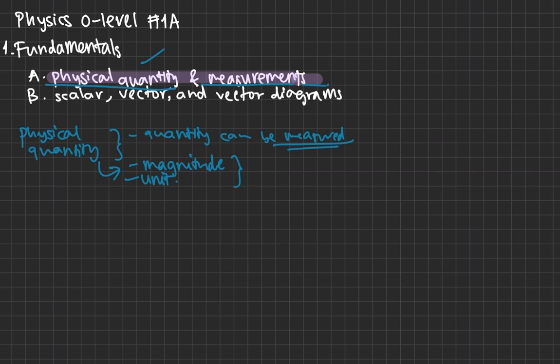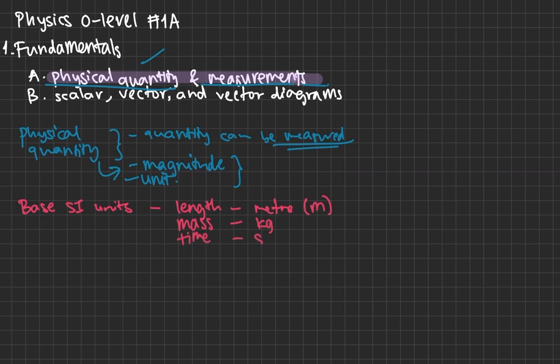So, what are the examples of physical quantity? I think we have all heard about this before, which are the base SI units. Some examples are, for length, it will be meter, or we use the symbol small m. For mass, it will be kilograms.